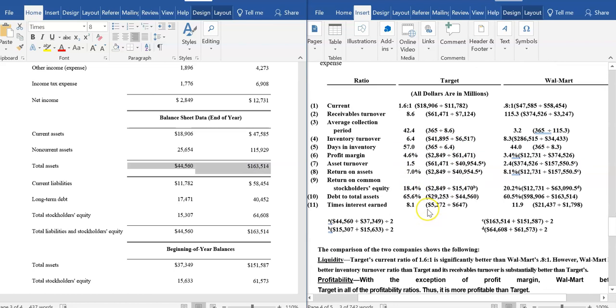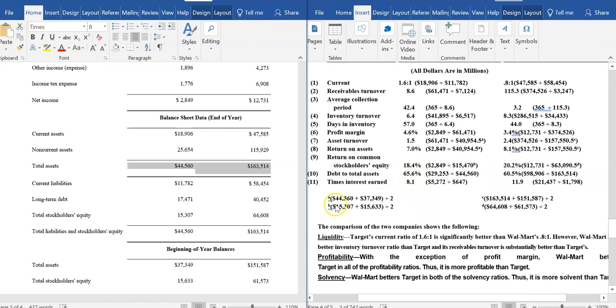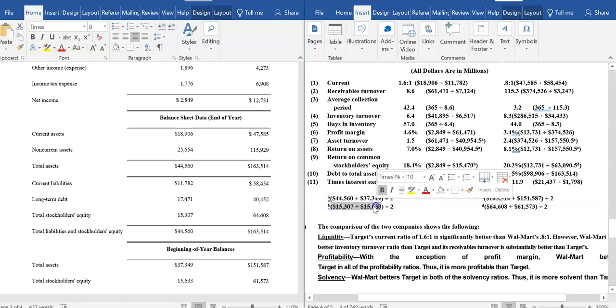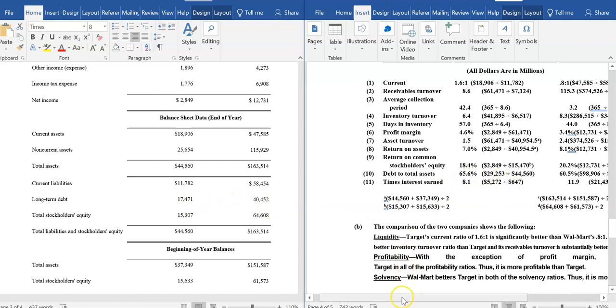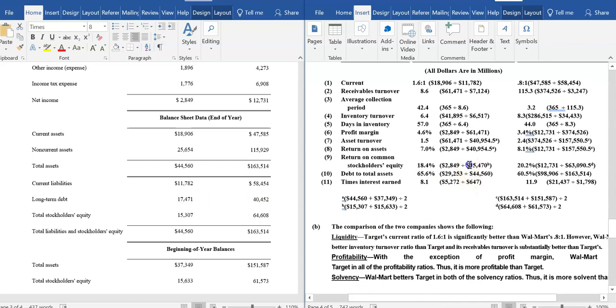That will give us their total liabilities, and we will then divide by the total assets for both companies. All right, here we go. We see total debt for Target is the current plus the long-term, which those numbers aren't there. I'm not sure where they showed the calculations, but if we were to add the total current liabilities and total long-term debt, it should equal 29,253. We divide by total assets, 44,560, to come up with debt to total assets of 65%.